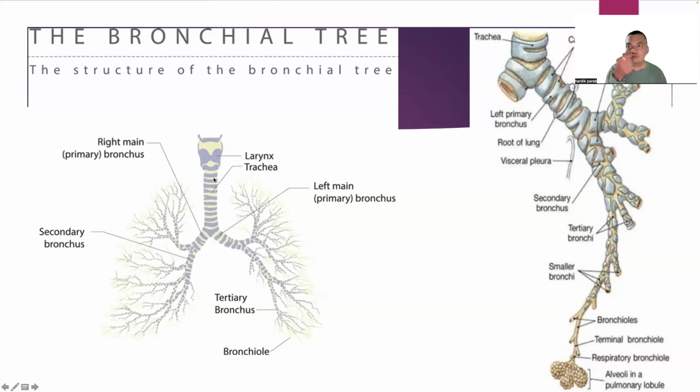So when you have the trachea, the trachea is divided into primary bronchi, right and left. The right primary bronchus is divided into three secondary bronchi, and the left primary bronchus is divided into two secondary bronchi. Then each secondary bronchus will be further divided into tertiary bronchi.